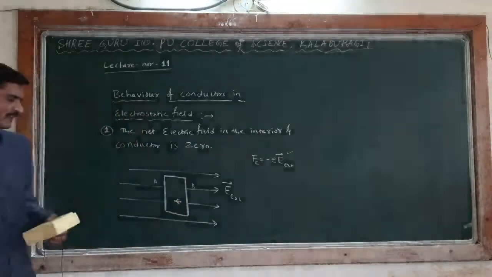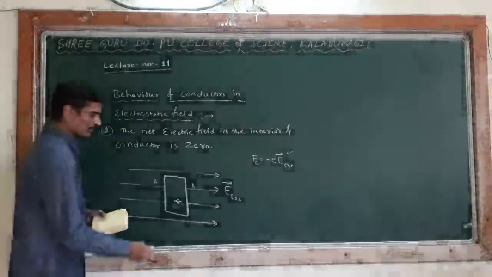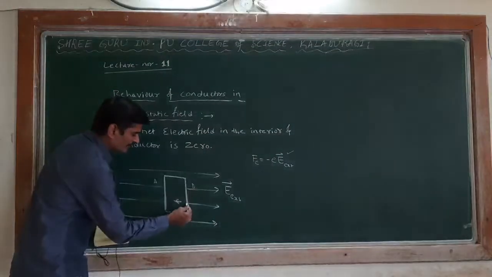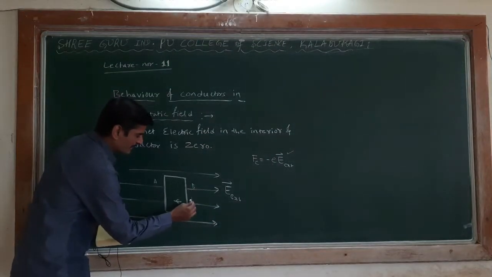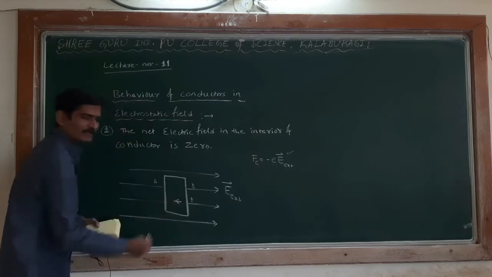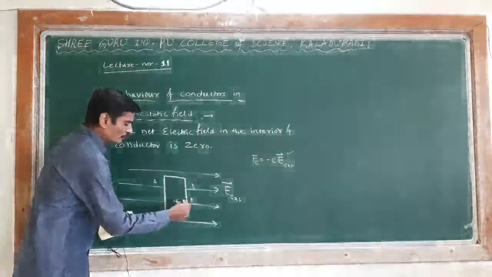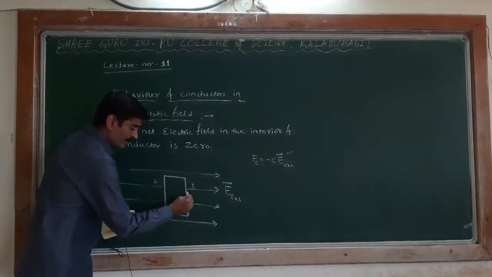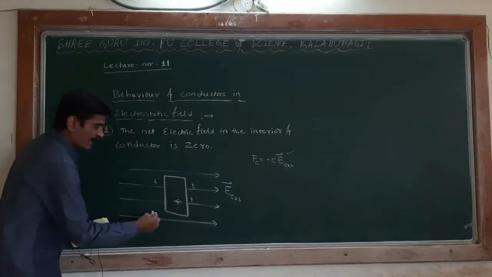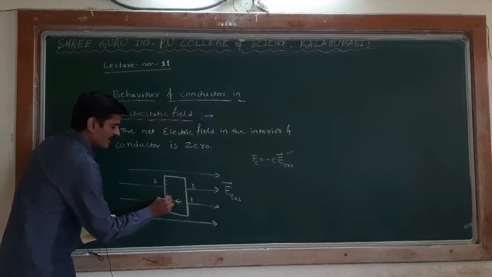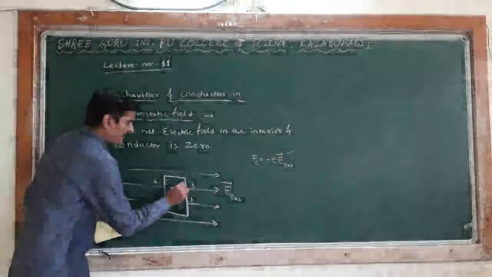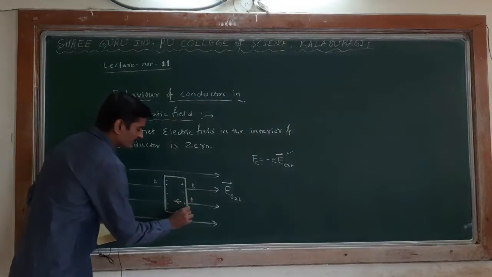As a result of this force, the electrons will move from end B to end A in the conductor. As a result, end A becomes negatively charged and end B becomes positively charged.